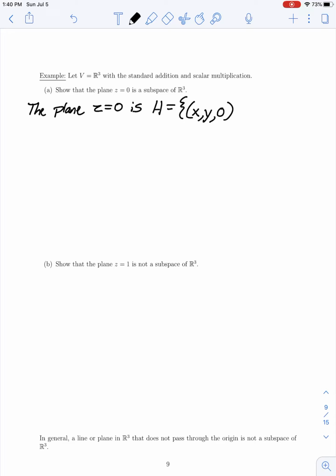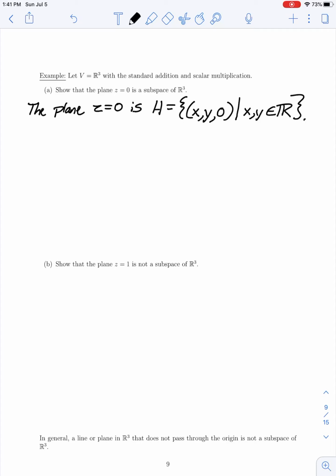So the first two elements of our vector in R3 could be anything as long as the third coordinate, which is our z-coordinate, is equal to 0. So it would be the set of all points of this form such that x and y could be any real numbers.